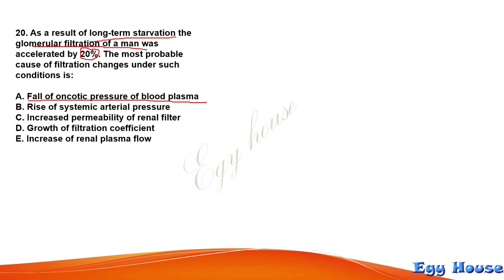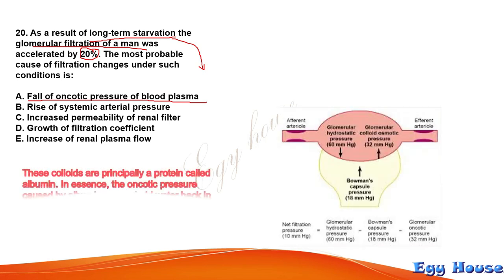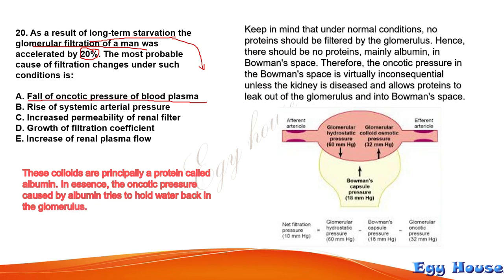Starvation means that the patient was not taking enough food, and this food mainly was lacking proteins, and the main proteins that work on the oncotic pressure are albumins. So if you lack albumins in your diet, you will have not only glomerular filtration rate problems, but also very severe edemas in every part of your body.